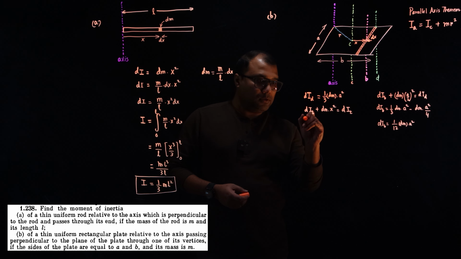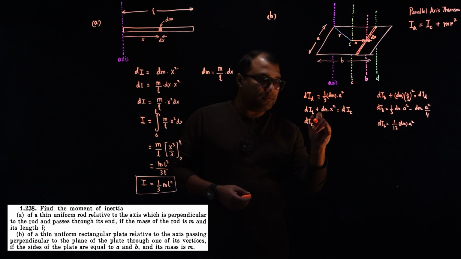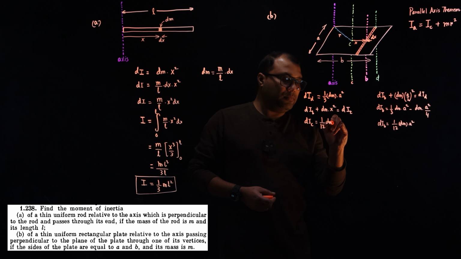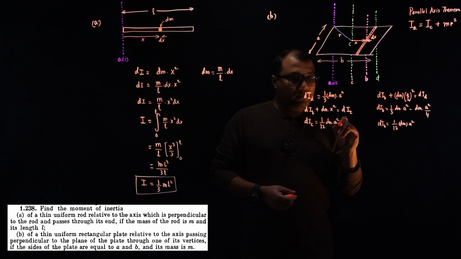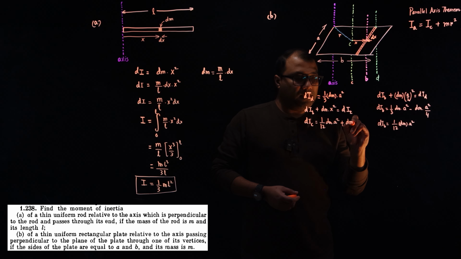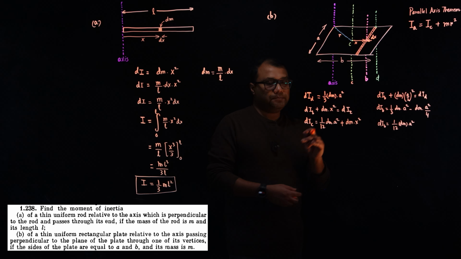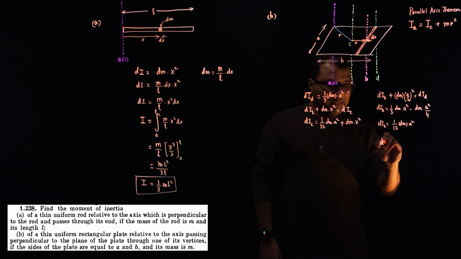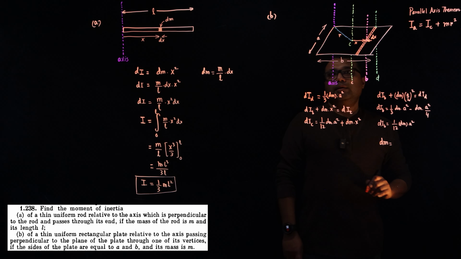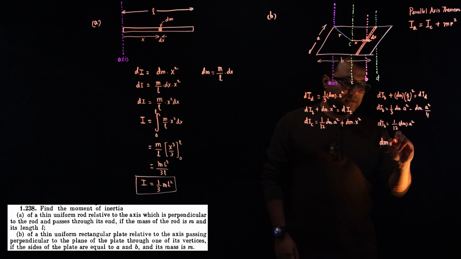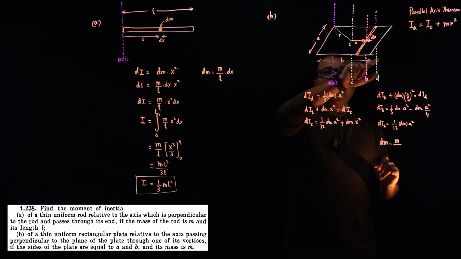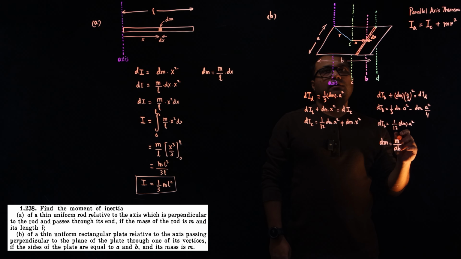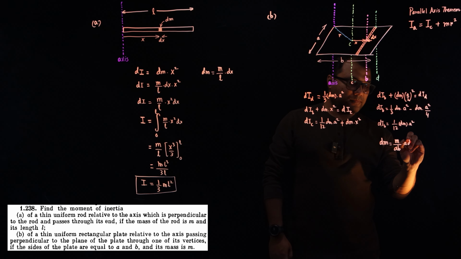So dI_C then becomes 1 by 12 dm a square plus dm x square. Now I should do another step here, which is to find the value of dm. The total mass is m, the area of this plate is AB, and the area of this element is A times dx.